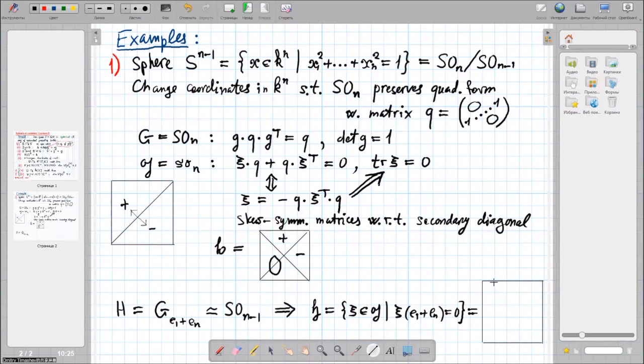Okay. So let me distinguish the first and the last column, and also the first and the last row of this matrix.